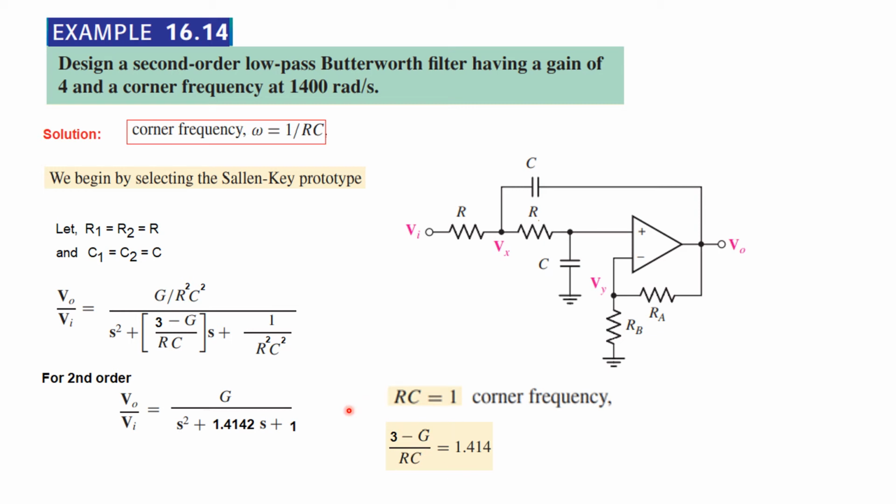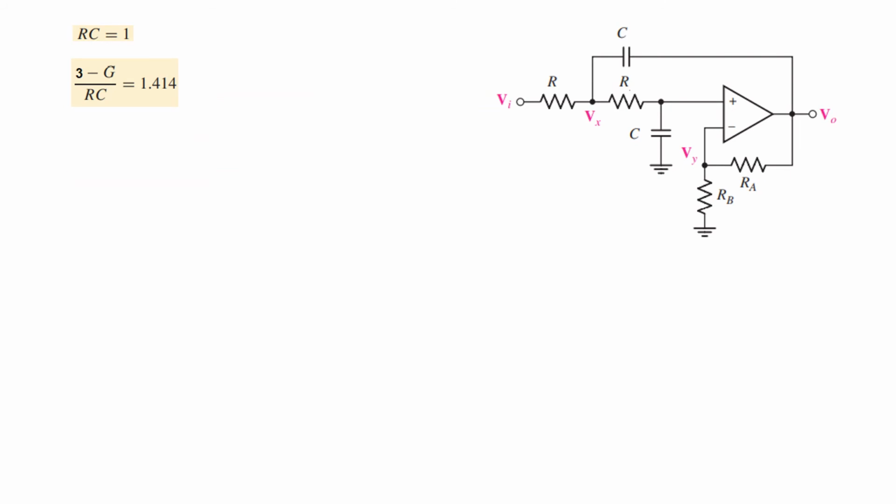And this we know was 1.414. Okay, so we had concluded that RC will be equal to 1 and (3 minus G)/RC is equal to 1.414. Now putting in the value of RC equal to 1, we can calculate the gain G. So the gain is 1.586. Now remember, this gain is for the normalized circuit.